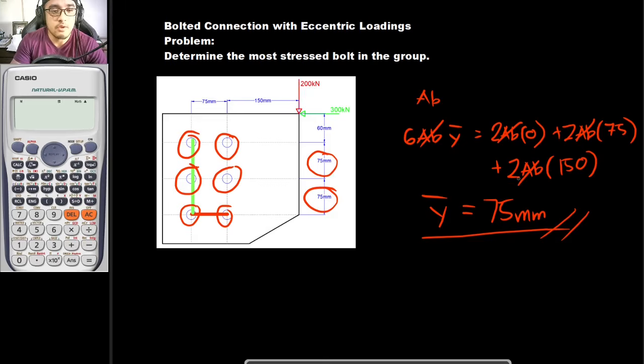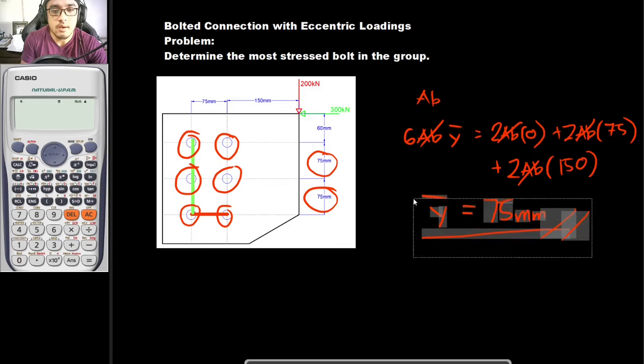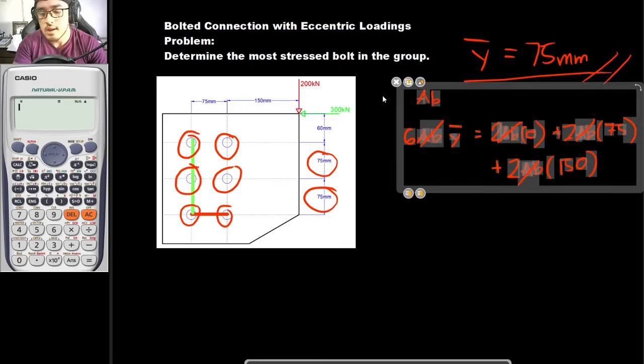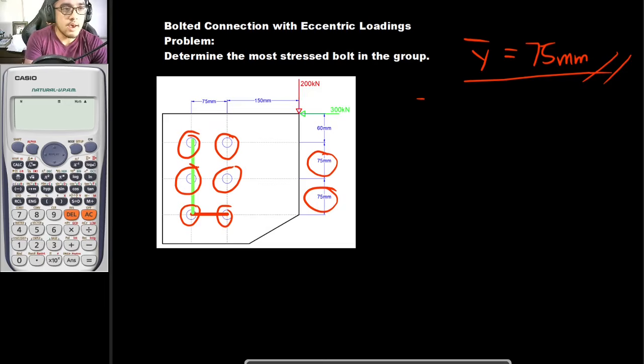That's for y bar. For our x bar, similarly using this formula, 6AB, the total area of all the bolts, times x bar is equal to the moments of the areas about this green axis.